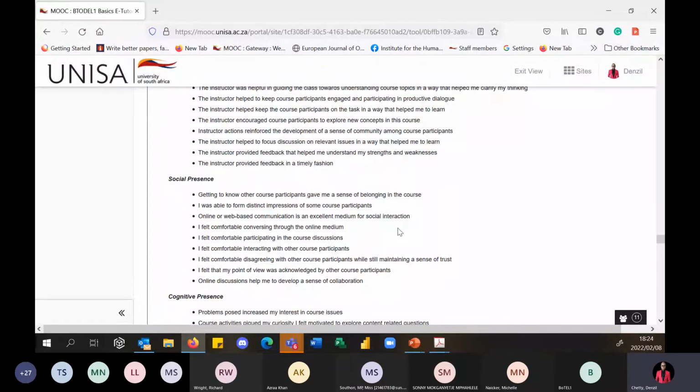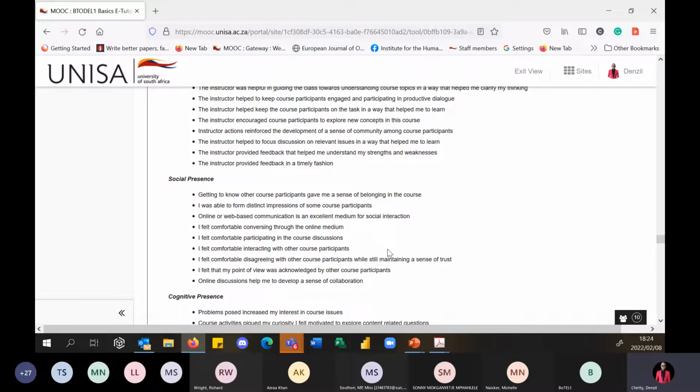And remember, last week we spoke about designing activities, and we said one of the very first activities should be to introduce yourself, telling the participants to introduce themselves to each other, using Gilly Salmon's model. Now, what that does is that you get to know, if you look at social presence, the other participants. You're getting to know who's in your group, who's in each of your tutoring groups, and how you can engage with them.